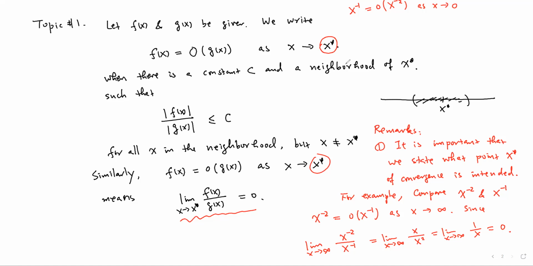Why? Because according to the definition, x to the -1 over x to the -2 as x approaches 0 is just x. Do you agree? I can cancel one x to the -1. Then this is 0.